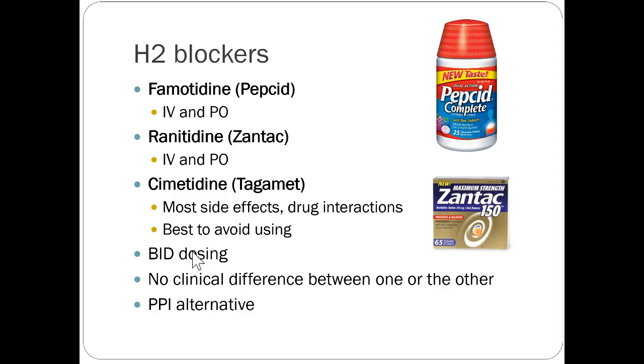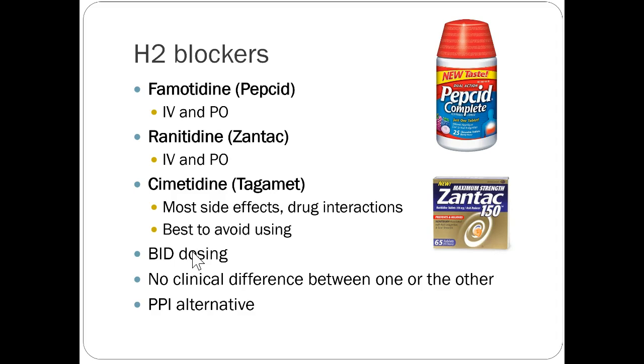In fact, we can't even get ranitidine in the hospital anymore. We're completely out of it because of all the market withdrawal. So famotidine is the product we generally use, but we keep a little bit of ranitidine on hand, especially for our OB areas, and that's probably going to be changing soon, I would imagine.